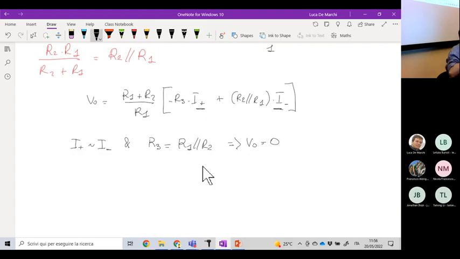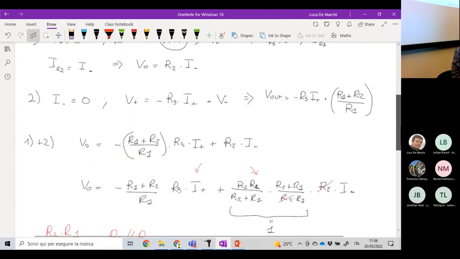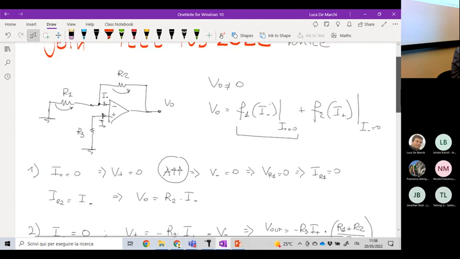So with the proper selection of this R3, you can get this nice cancellation of non-idealities. This is the reason why I've added this R3, which is quite untypical.